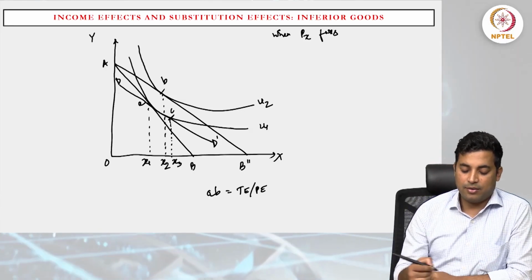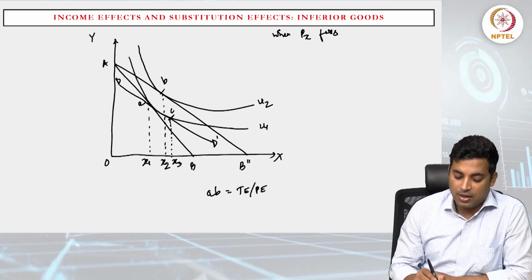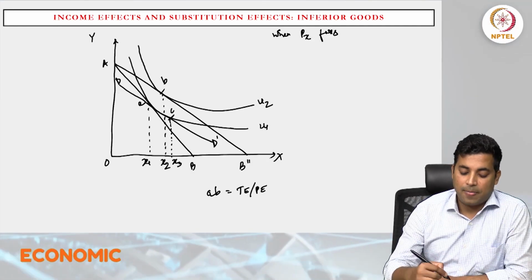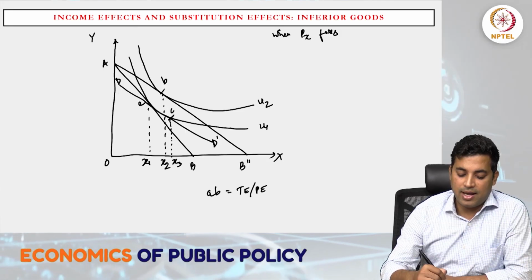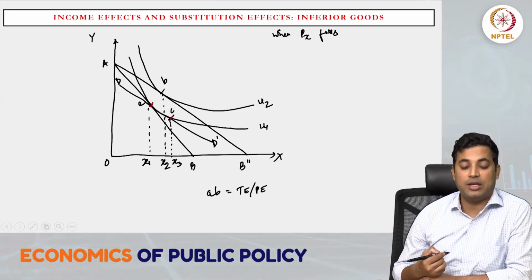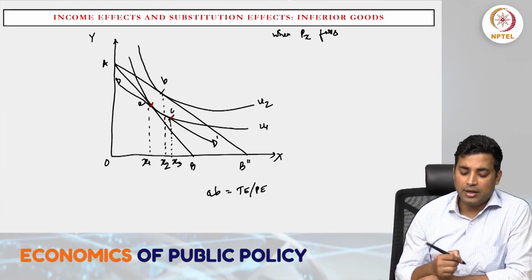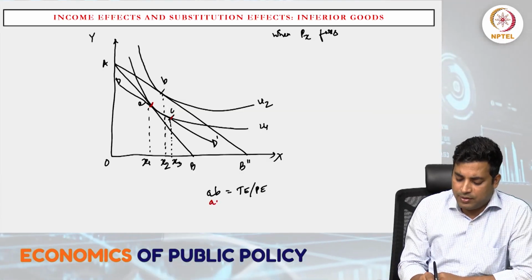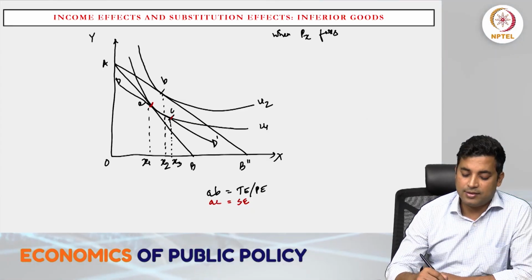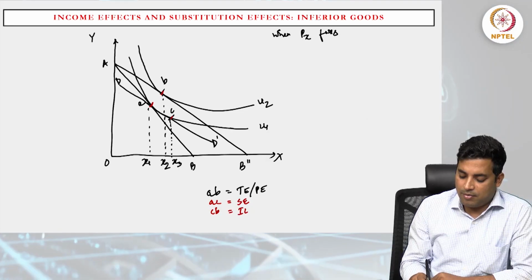But here we have to understand carefully, in case of inferior goods, what is the income effect and what is the substitution effect. So as you see, points A and C both are on the same utility curve, the same indifference curve, and therefore A to C is the substitution effect, and C to B is our income effect.